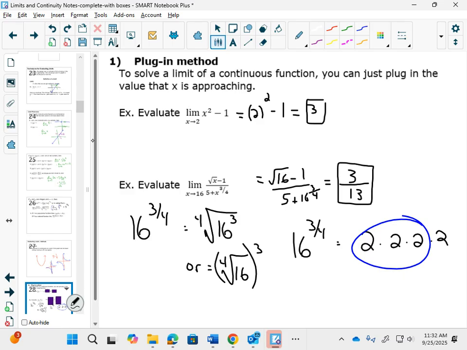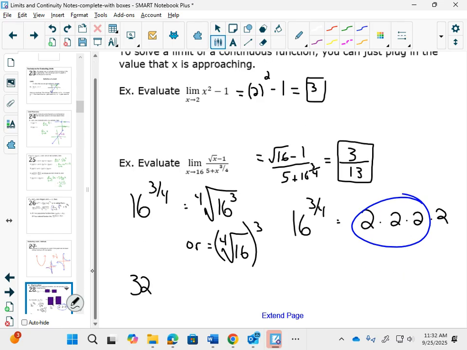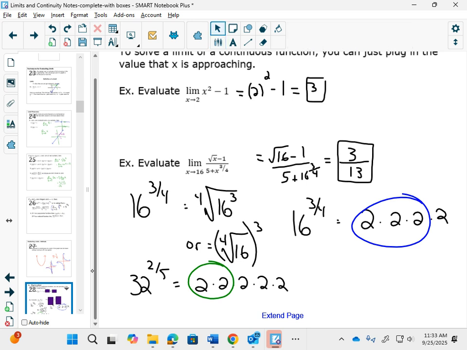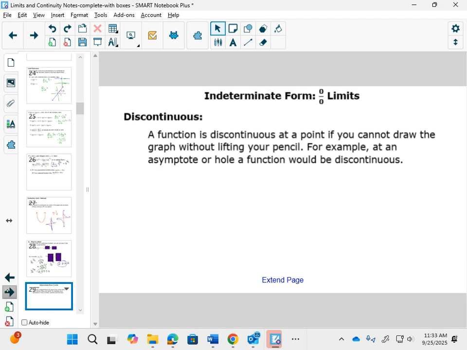Right. 32 to the 2/5. 32 is 2 times 2 times 2 times 2 times 2. 2/5 of that will be 4. Pretty cool. Because if you take the 5th root, you get a 2, and then you square it through 2 times multiplication. But I like playing around with numbers, so when I find something fun when I play around with it, I'll try to show it to you.